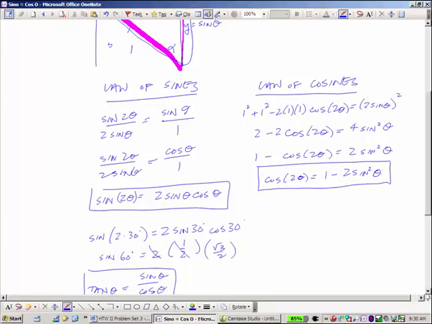So, in other words, if you wanted to find out what the cosine of 60 degrees is, 2 times 30 degrees, that would be 1 minus 2 times the sine squared of 30 degrees. So the cosine of 60 would be equal to 1 minus, what's sine of 30 degrees? 1/2. So I have to square 1/2. What do I get? 1/4. 2 times a fourth is? 1 minus a half is?